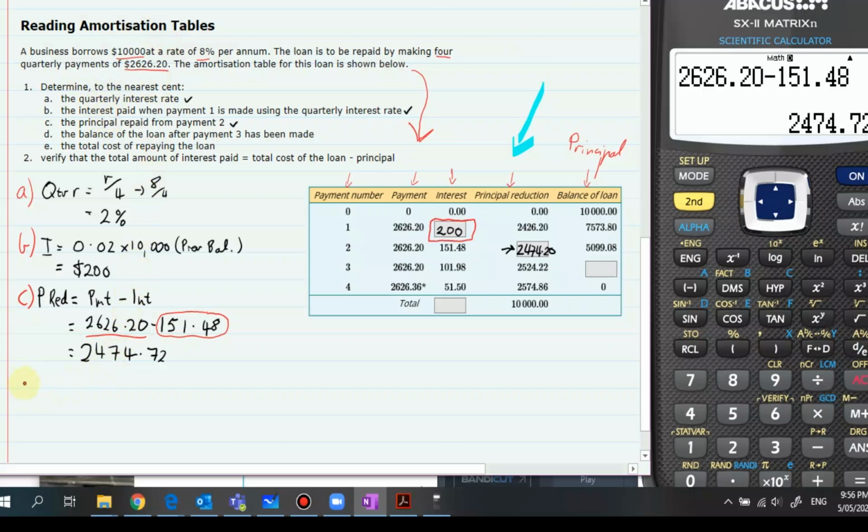So, part D. The balance of the loan just here is equal to the previous balance. We'll call this the current balance. So current balance is equal to the previous balance, what we had owed last time, which is just here, take away the principal reduction.